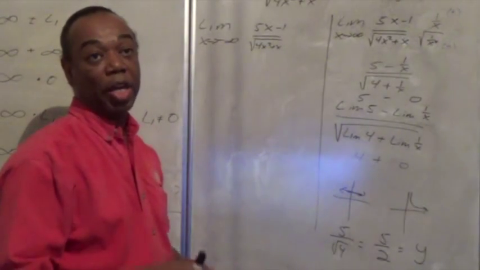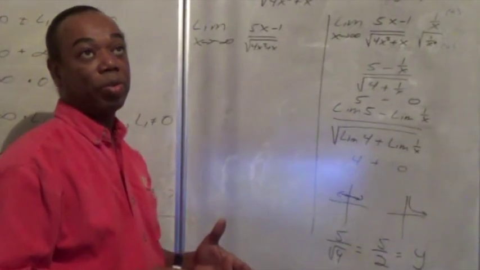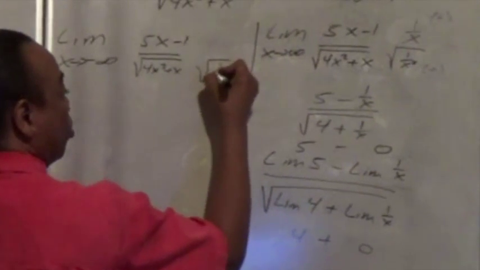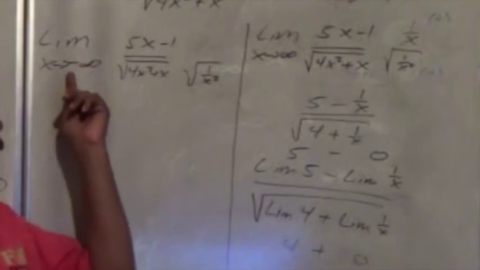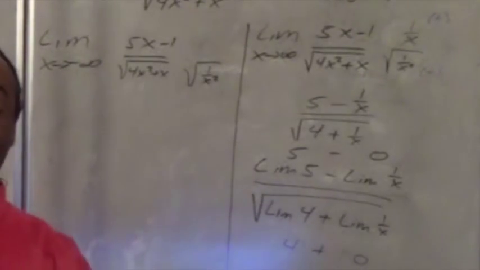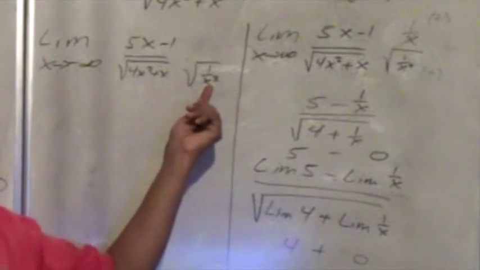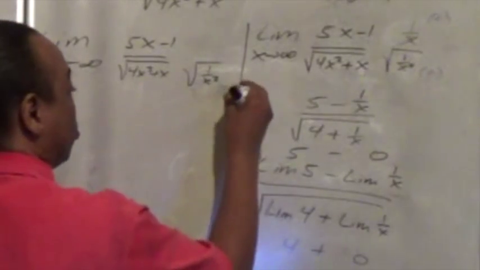So I'm going to put a 1 over x squared with the root as well. Okay, this will be a positive, even though the x's are going in the negative direction, all the x's are negative. When they're squared, they become positive, and the root of positives is positive. So right now, this is all positives.